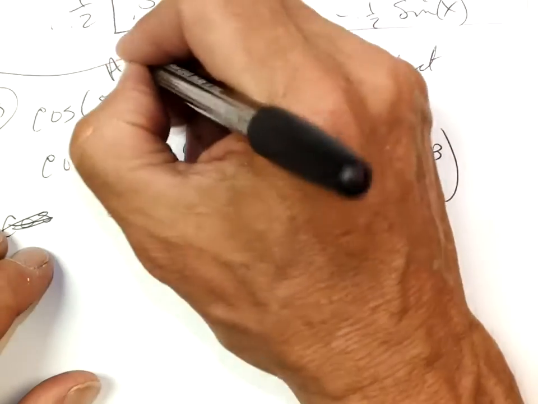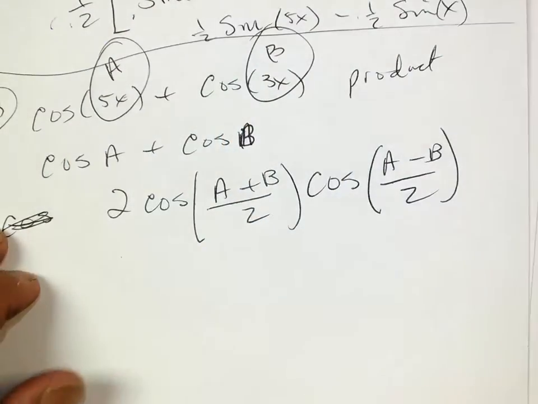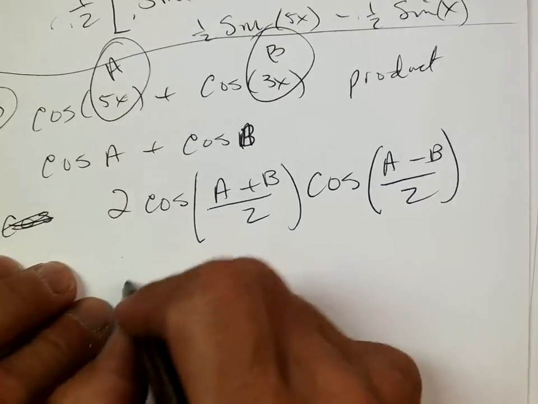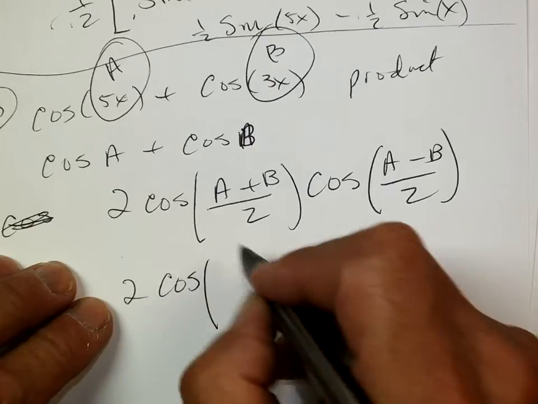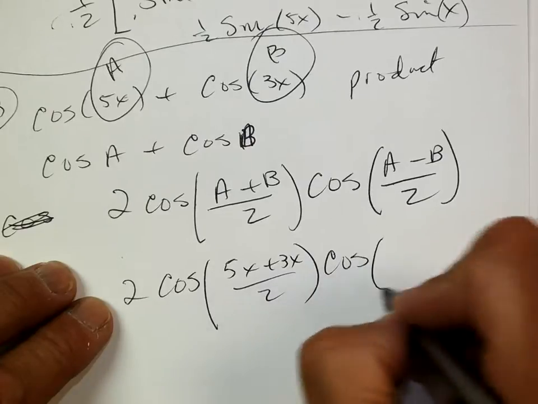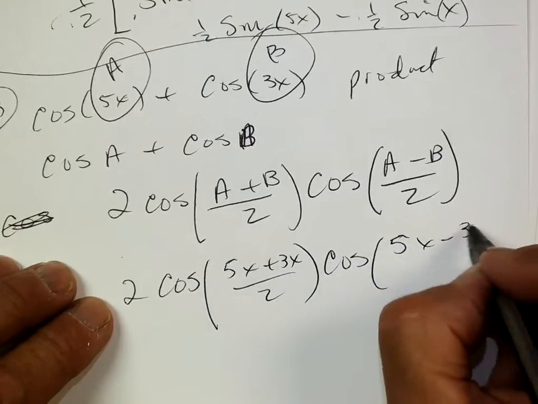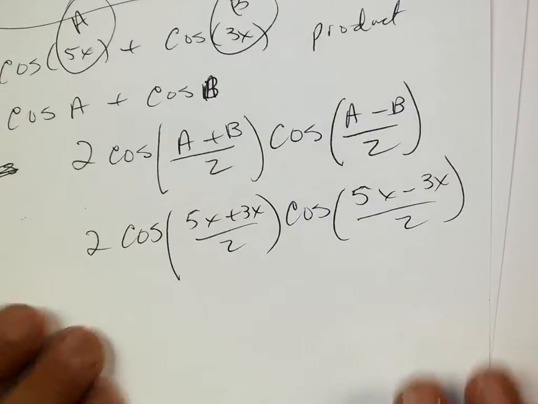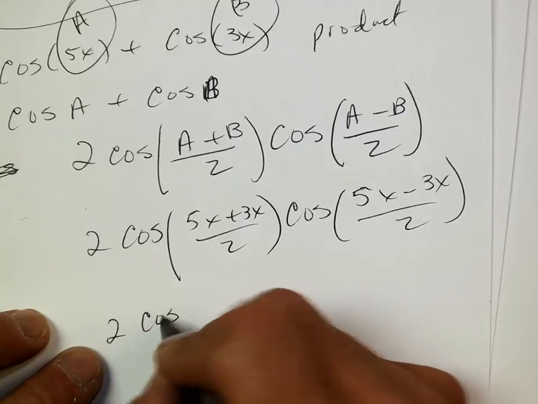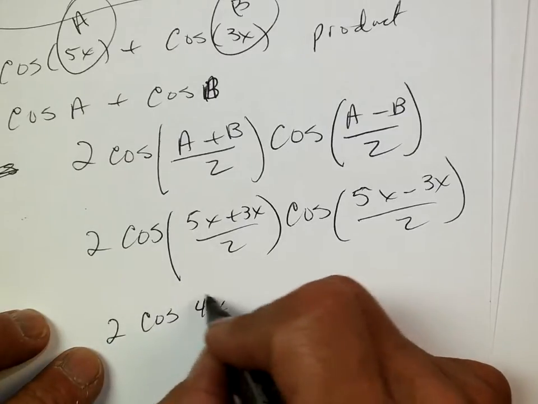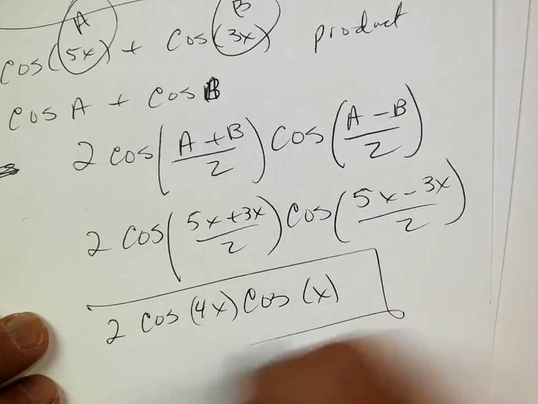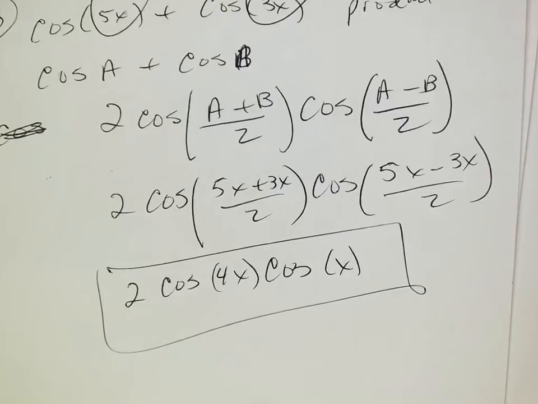And this is a, and this is b, and we're just going to plug and chug. 2 cosine of 5x plus 3x over 2 cosine of 5x minus 3x over 2. Grand answer of 2 cosine of 8x over 2, which is 4x, right? Cosine of 2x over 2, which is just x. And there it is. Capiche. Wow, we are done, huh?